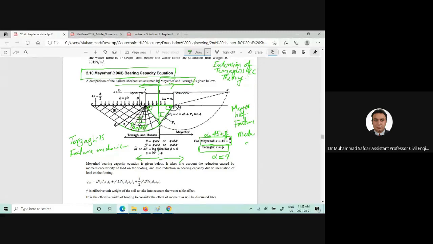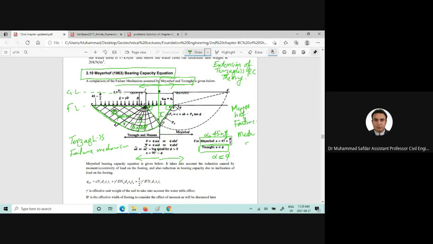And then here we will have a linear zone or the passive zone, a Rankine passive zone. And the Terzaghi slip surface will end at the foundation level. Here is the ground level, and the Terzaghi slip surface will end at the foundation level.